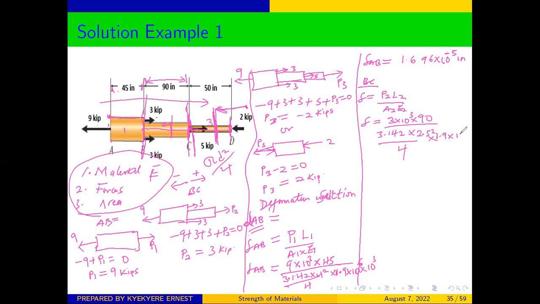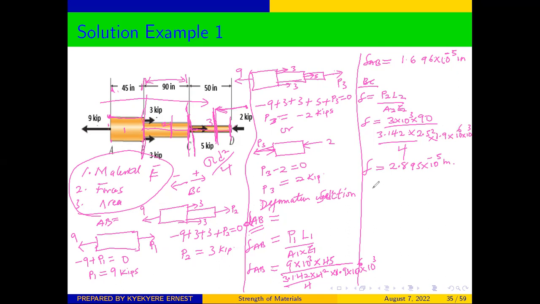Don't forget that it was given in ksi. We said that you multiply by another 10 to the power 3. And from there, our deformation for section B is equal to 2.895 times 10 to the power -5 meters.